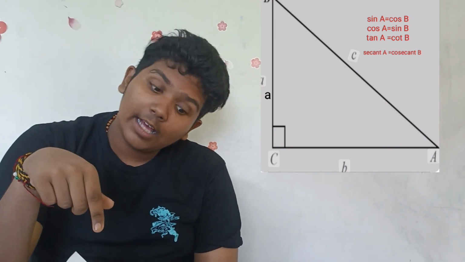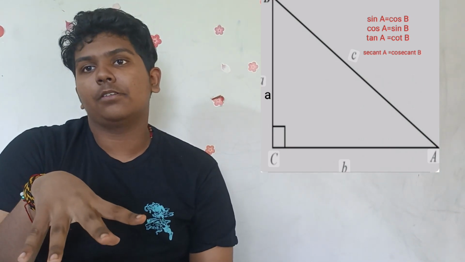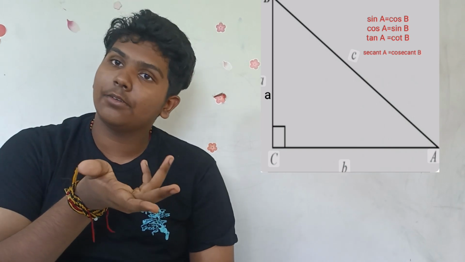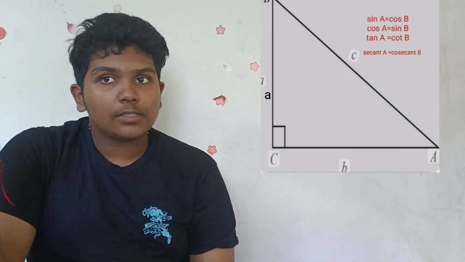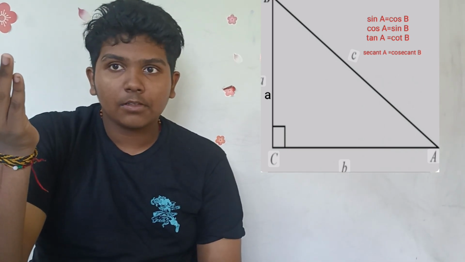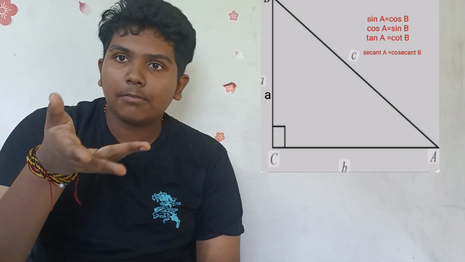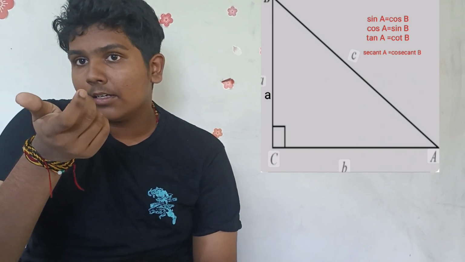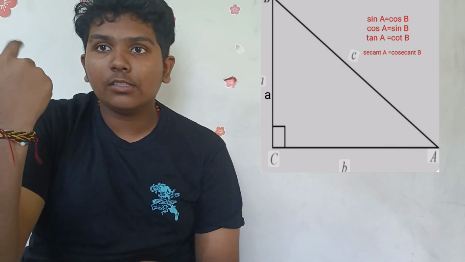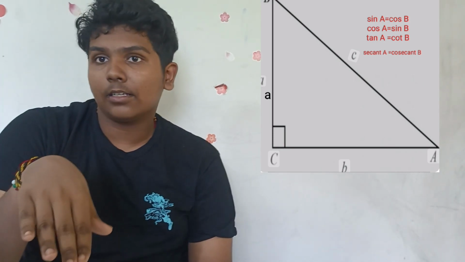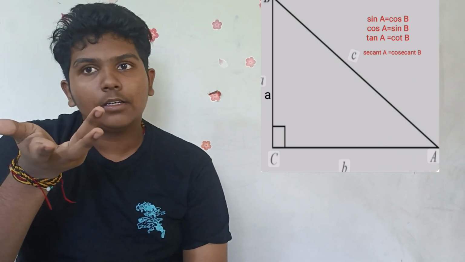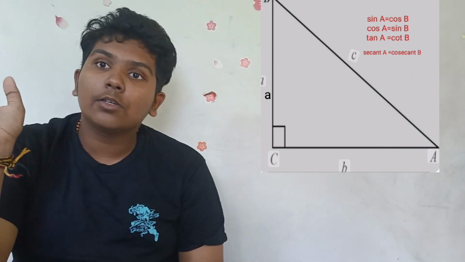As for the other one, adjacent by opposite. So what will this be? Opposite will be A by B. The other one is A by B as well, because adjacent of B is A, the opposite B. Hence A by B is equal to A by B.